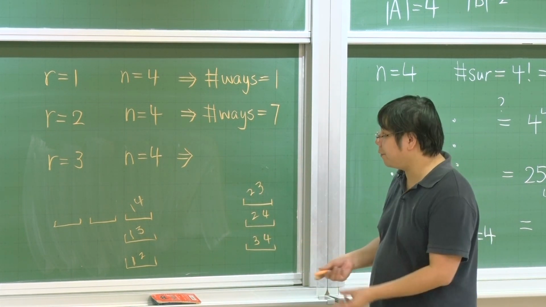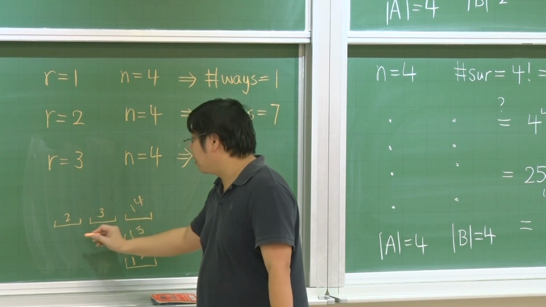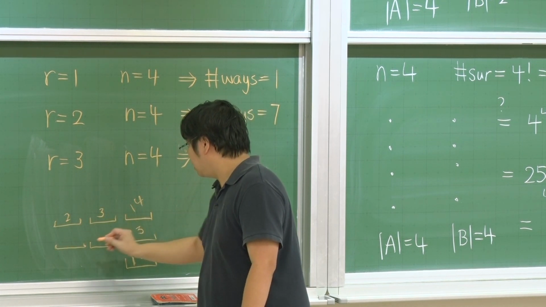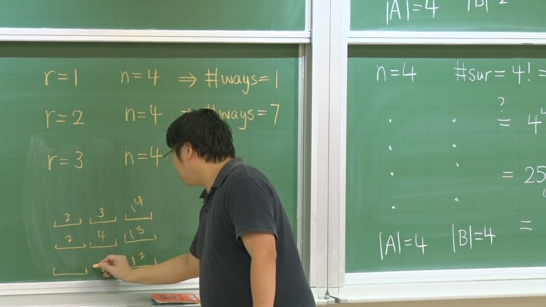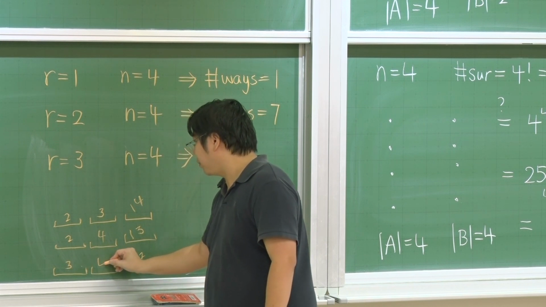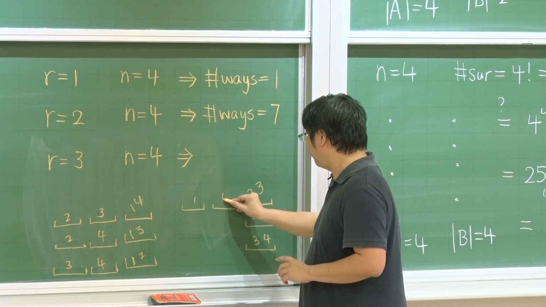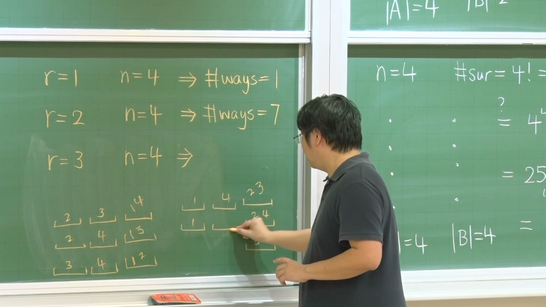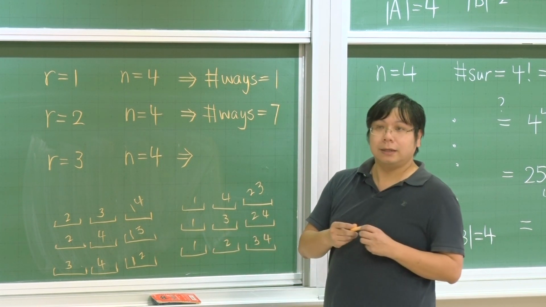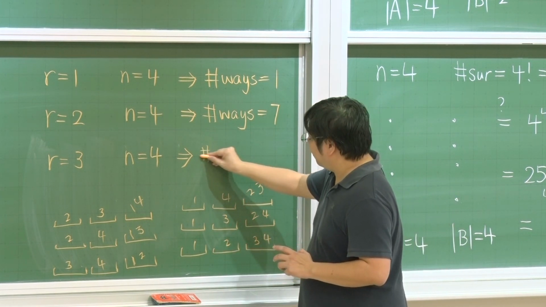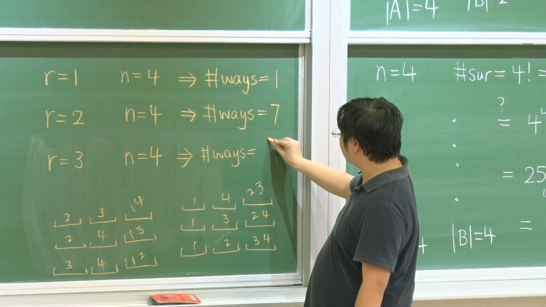So these are the 6 different cases. 1, 4 together means that 2 is in a single box, 3 is in a single box. 1, 3 together means that 2 is in a single box, 4 is in a single box. 1, 2 together means that 3 is in a single box, 4 is in a single box. So the number of ways turns out to be 6. Is that okay?